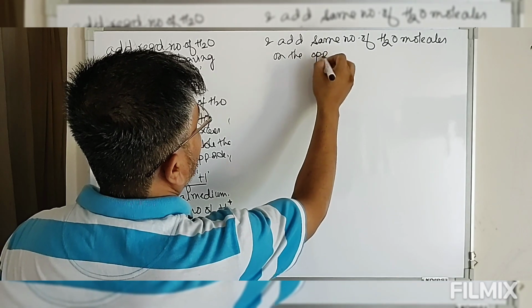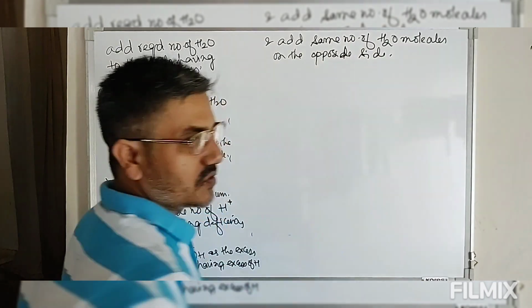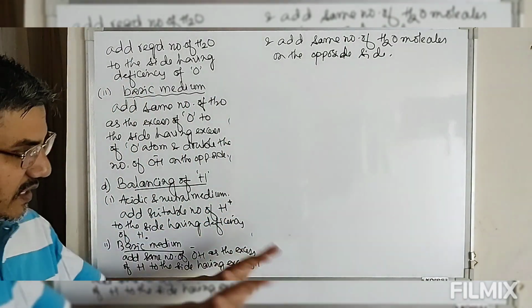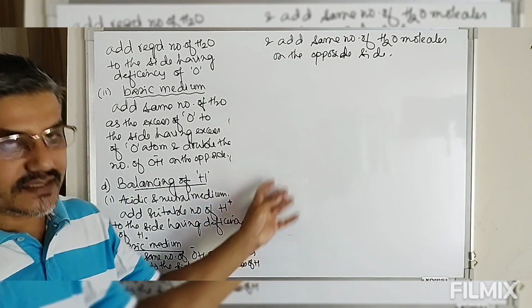By doing so, we have balanced the hydrogen, we have balanced oxygen, we have balanced other atoms other than hydrogen and oxygen.